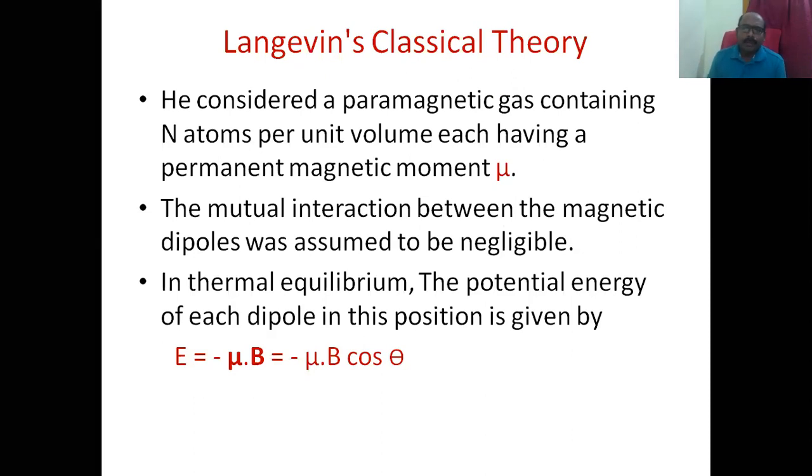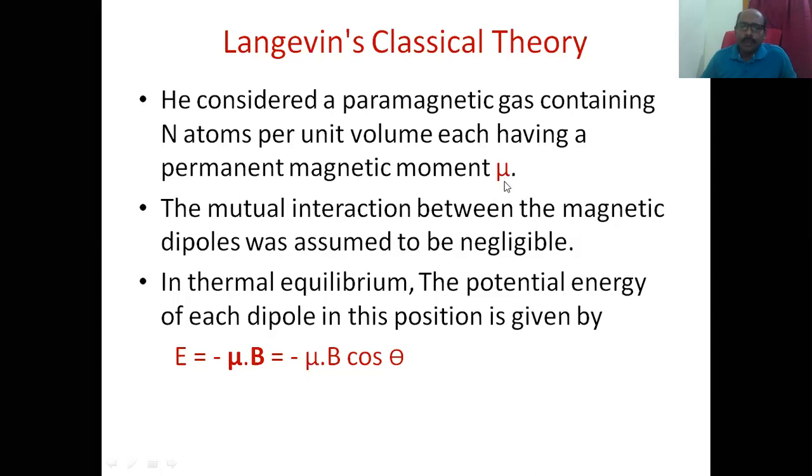We see that one. Langevin considered a paramagnetic gas containing N atoms per unit volume, each having a permanent magnetic moment mu. Here mu is not the permeability. From here onwards, under this heading of Langevin's classical theory, mu is the magnetic moment.